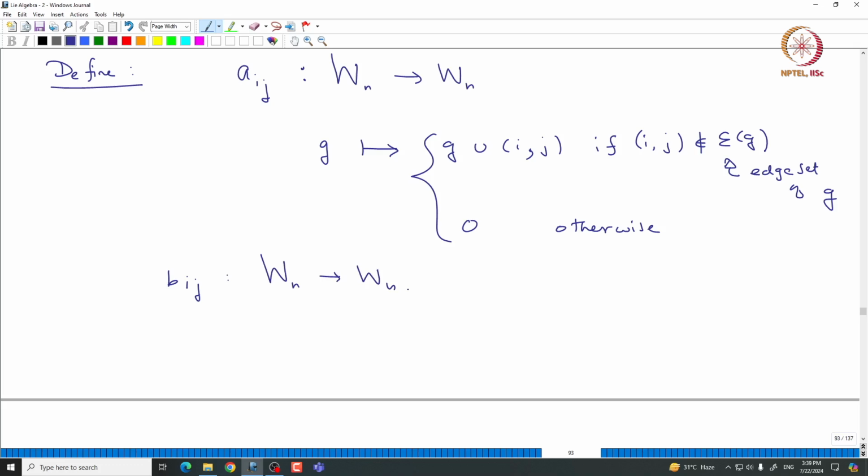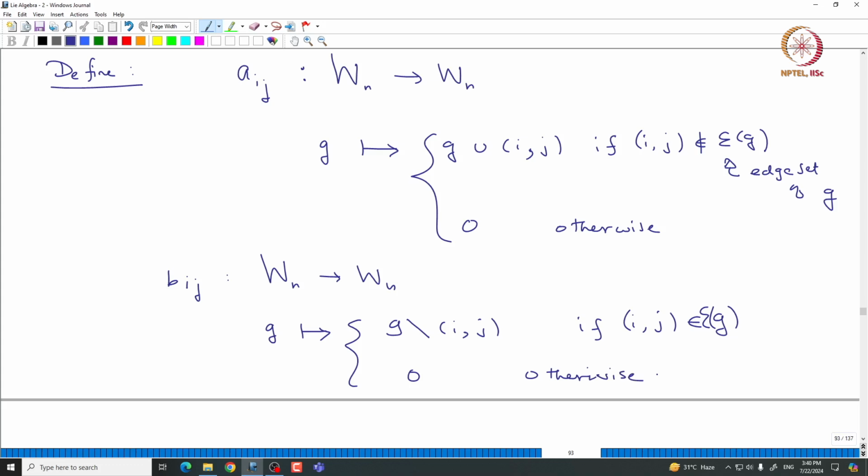You take some graph G, and if there is an edge between i and j, you just delete it. Otherwise, you send it to 0.